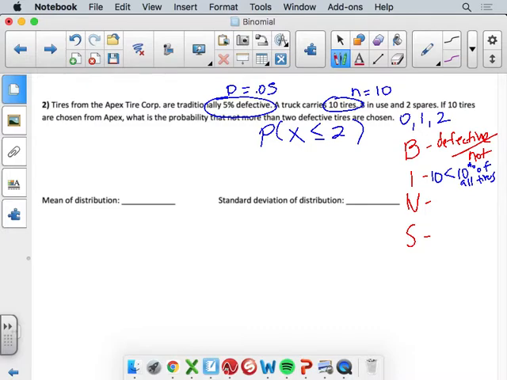Probably, yes. So that's a check. We did have a fixed sample of 10, and we have a constant probability of 5%, 0.05. So this is binomial.